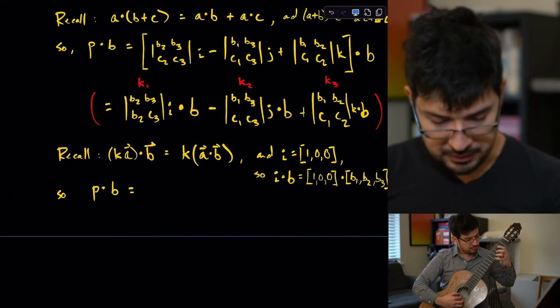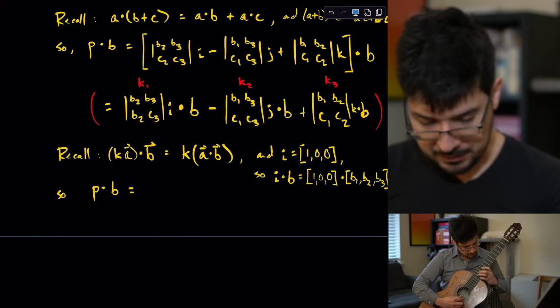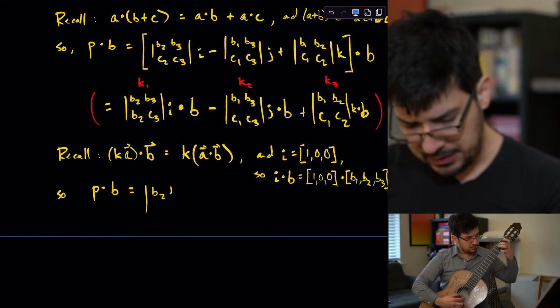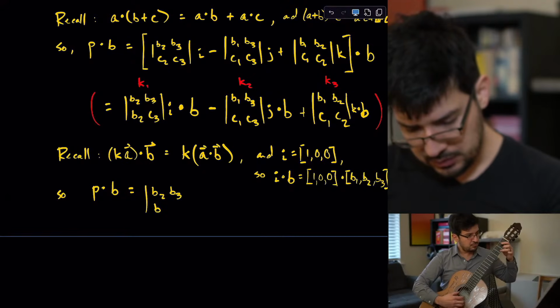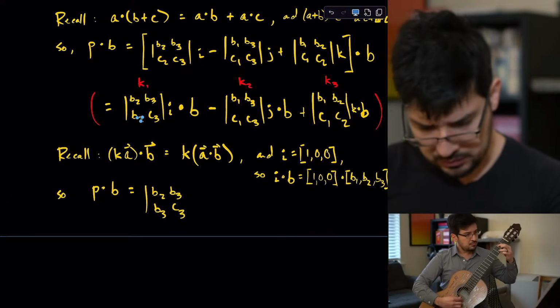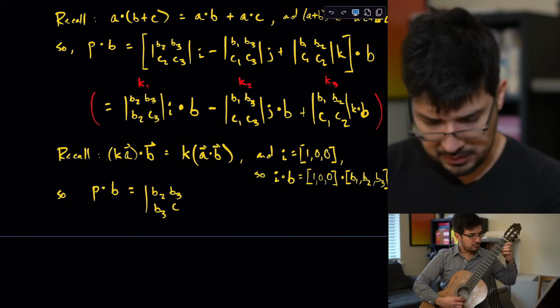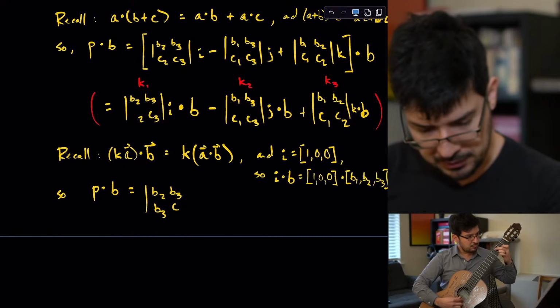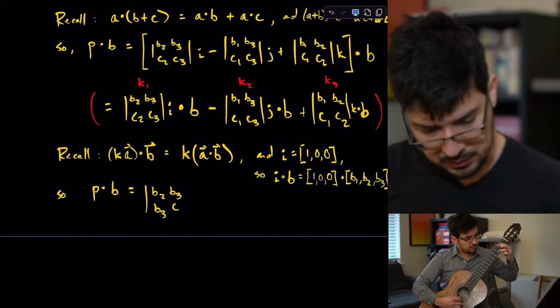And therefore, P dot B is B2, B3, B3, C3 is what I meant to write here, I think. Oh, no. Slow down, John. This one was a typo, and I meant to say C2.